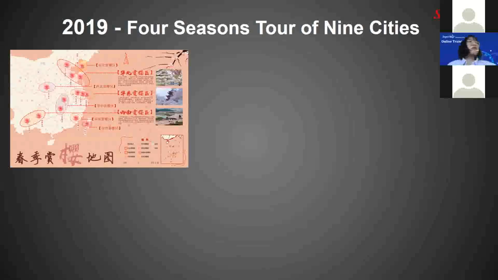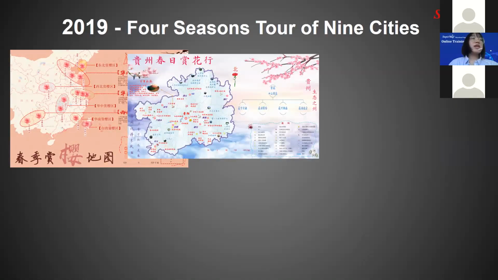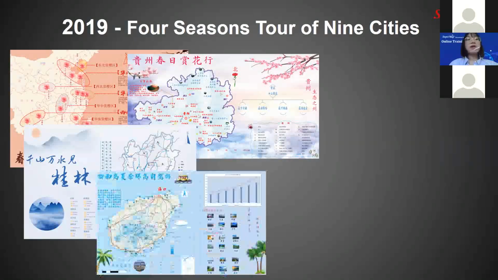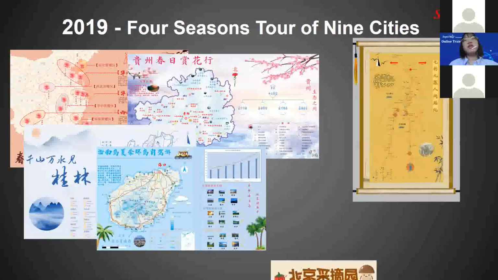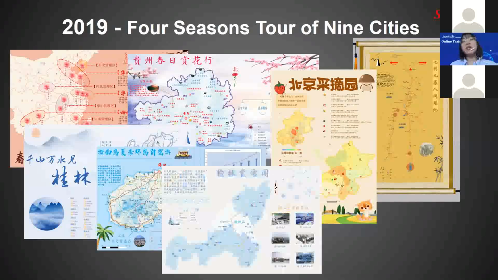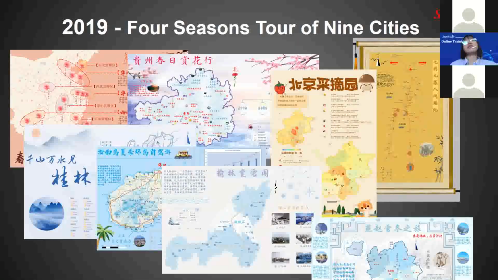The theme of this work is about the seasons. You can see it shows how to enjoy flowers in spring and play in the waters in summer, find more colors and activities in autumn, and how to play in the snow in winter.